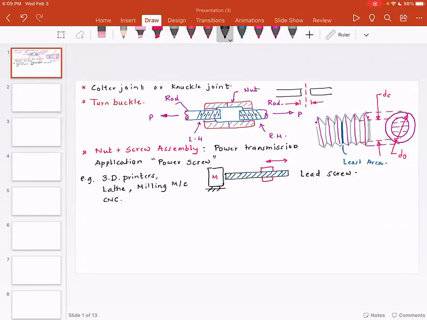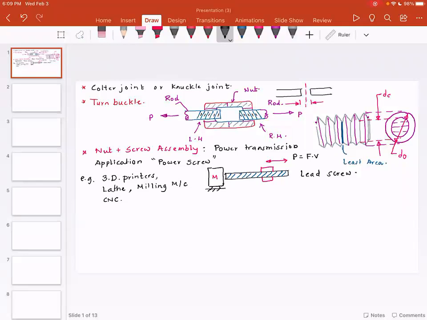And just to define what power is, force times the velocity. That mechanism that can be used is called as power screw. Now, power screw depends upon the theory of friction.